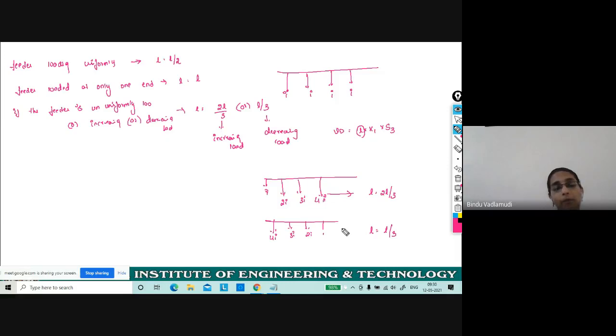Next line: if the feeder is uniformly loaded with a decreasing load, then L is equal to L by 3. Is it clear? Yes, ma'am. Okay, so did all of you complete up to here?